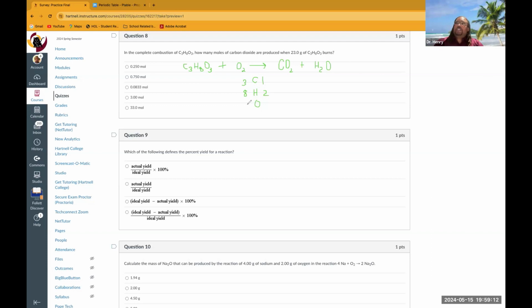How many oxygens on the reactant side? 5. Product side, 3. So what do we need to do to balance out the carbons? Well, this one's kind of annoying, but we can start by multiplying CO2 by 3. It is an annoying one.